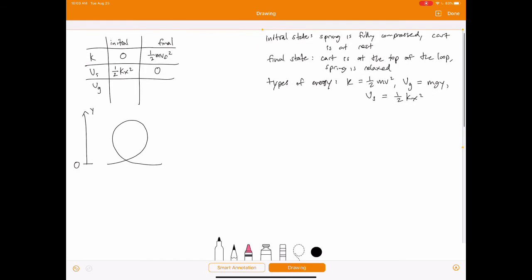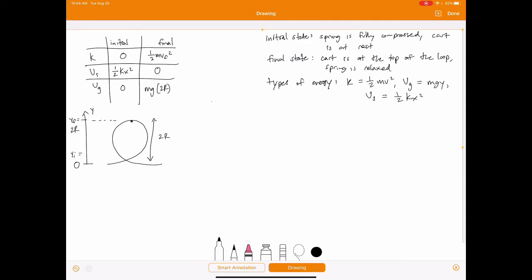So actually our initial gravitational potential energy, because y initial is equal to 0, would be 0 as well. But then our final height is up here. How do I know what that height is? Well, it's just the diameter of the loop. Okay, so that would be 2 times the radius of the loop. So the final height is 2r. So I'd write this as mg times 2r.